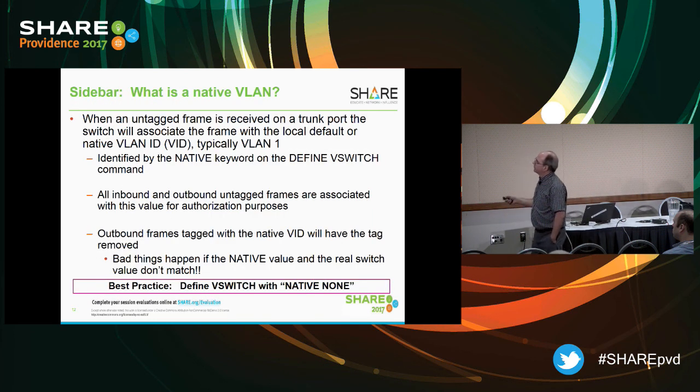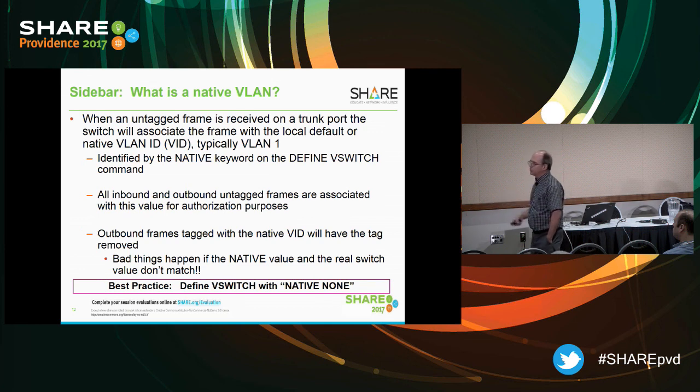All right. So we spoke about the native VLAN already. So again, a native VLAN being the VLAN ID that if I am a trunk port and I receive an untagged frame, you didn't tell me what color it was, what color should I assume? Okay? And by and large, typically VLAN 1.